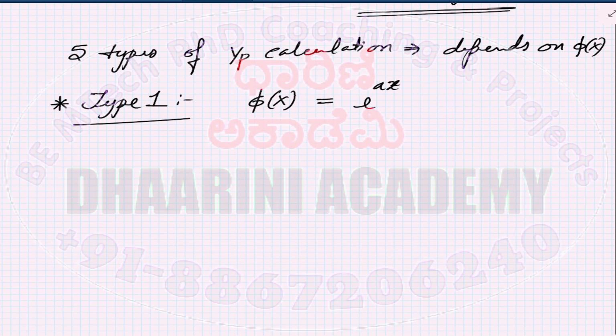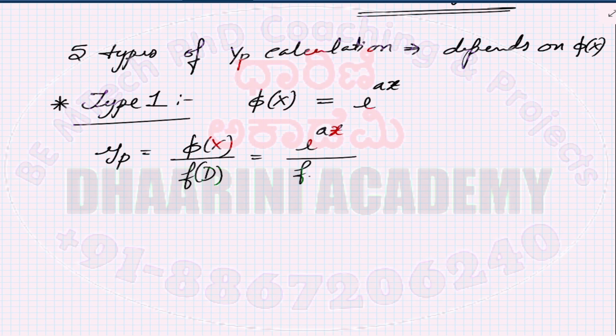Okay, so what we do here is to find the yp. So yp becomes equal to, I know that yp is equal to phi of x divided by f of D, right? But phi of x in this case is e to the ax, divided by f of D. So the solution of this particular case is very simple.